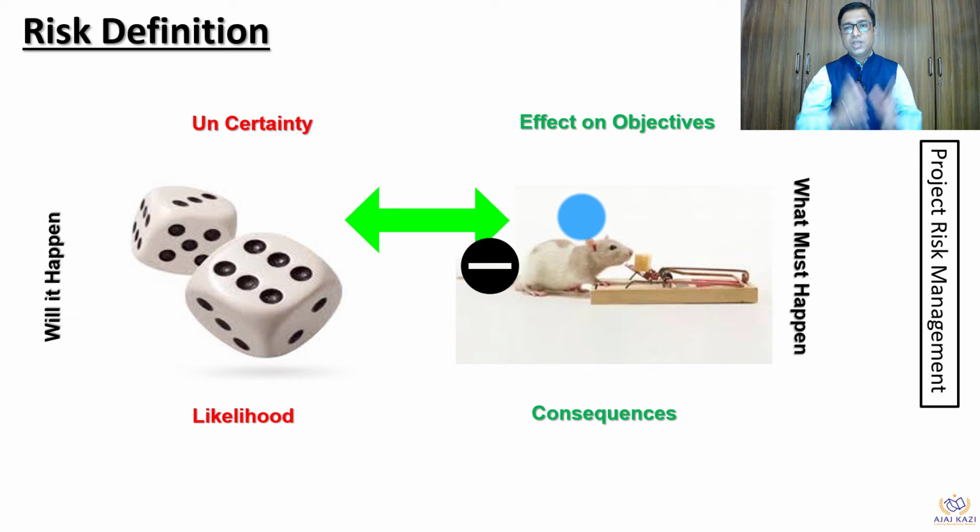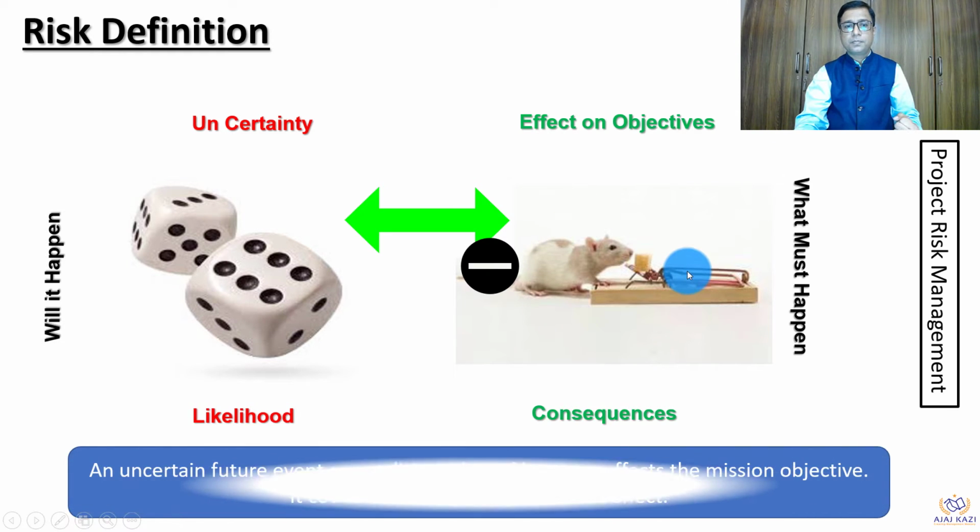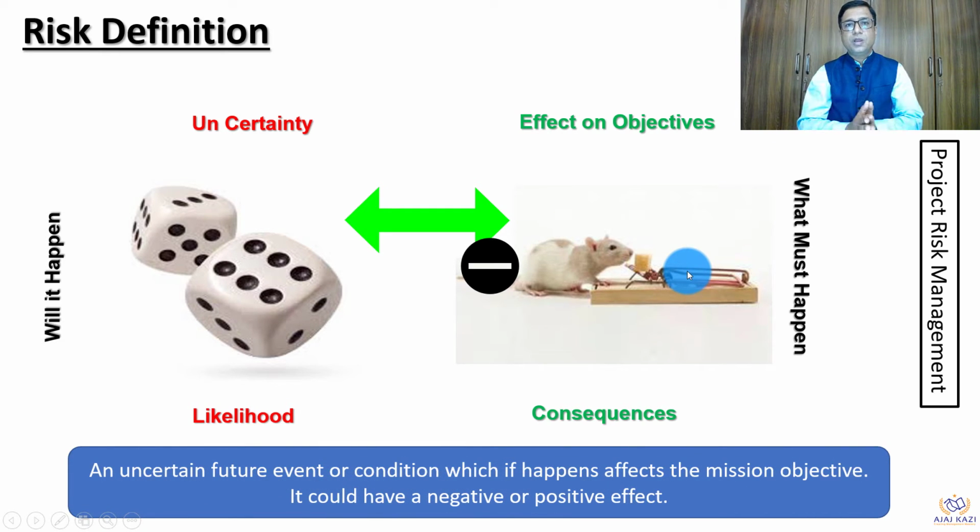So in a nutshell, this particular slide should be in mind when the risk definition comes in, right? So an uncertain future event or condition which, if it happens, affects the project objectives. It could have, as I said, both sides. Any coin has both sides. Similarly, risk has both sides, negative as well as positive.